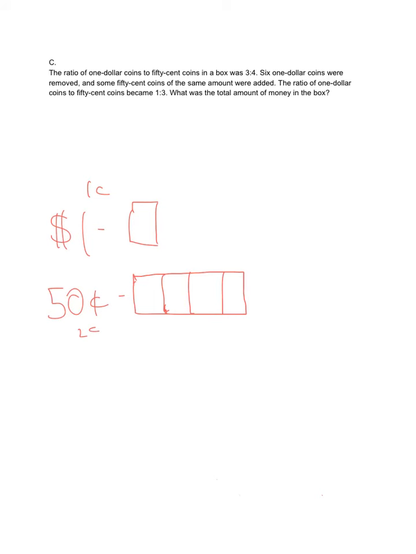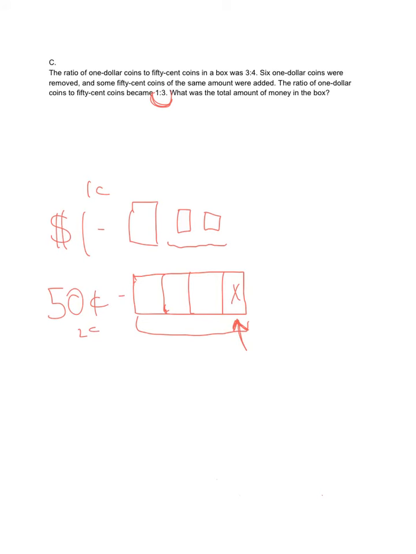I have a ratio of 1 to 4. Now, that's definitely a problem because I'm supposed to end up with a ratio of 1 to 3. I could get rid of a unit right here and be at that ratio of 1 to 3. But my clues clearly state that after I got rid of 6 $1 coins, which I tried to do by getting rid of 2 units, I was supposed to add some 50-cent coins. So I can't actually get rid of that box right here. Can't do it.